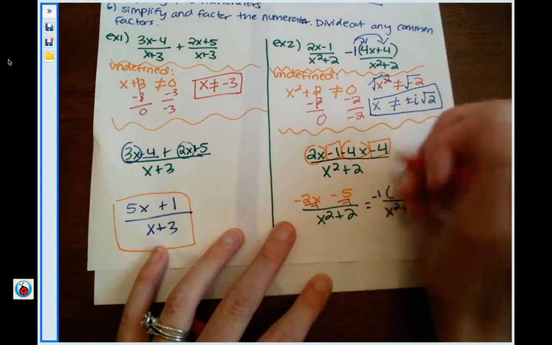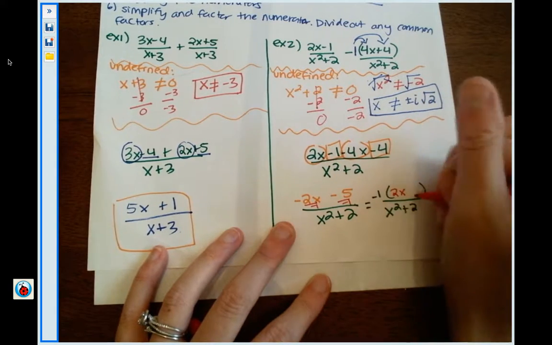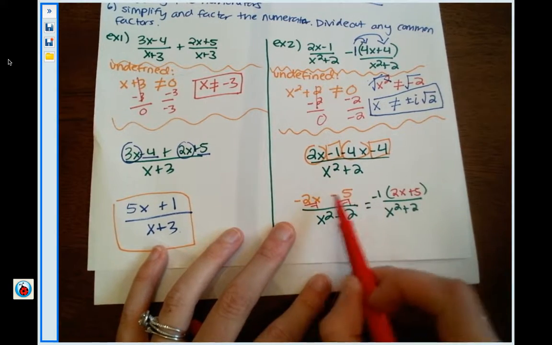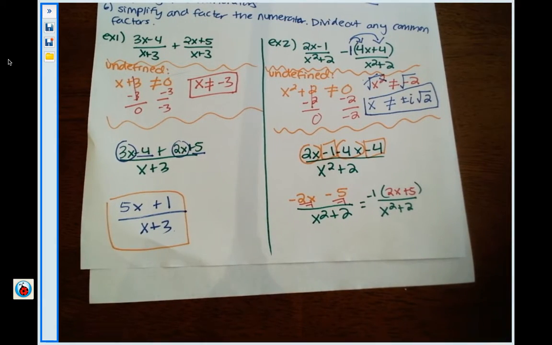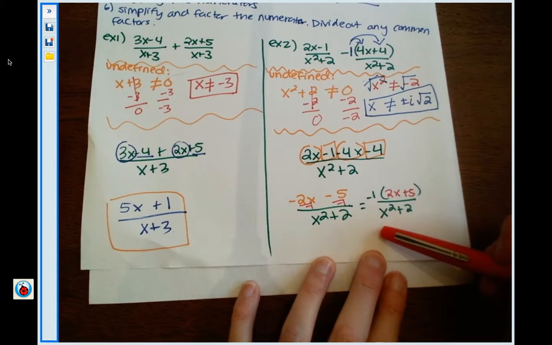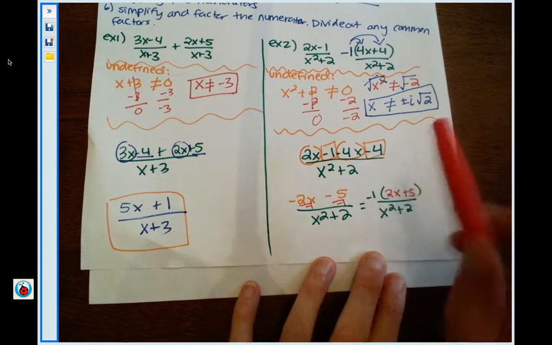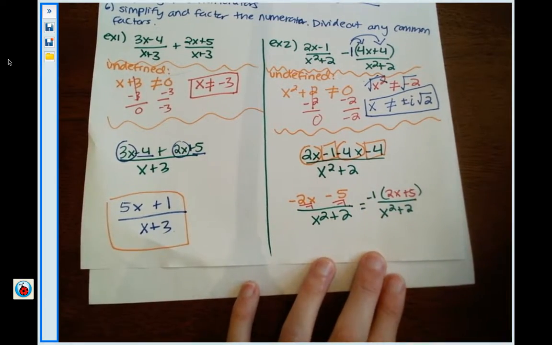So negative 2x divided by negative 1 is 2x, and negative 5 divided by negative 1 is positive 5. Or the shortcut is write negative 1 out in front and change all the signs. All right, guys, and there's nothing left to do. Usually after we factor, we try to cross out any factors that are in common to simplify this down. Okay, but nothing's here, so that's my final answer.